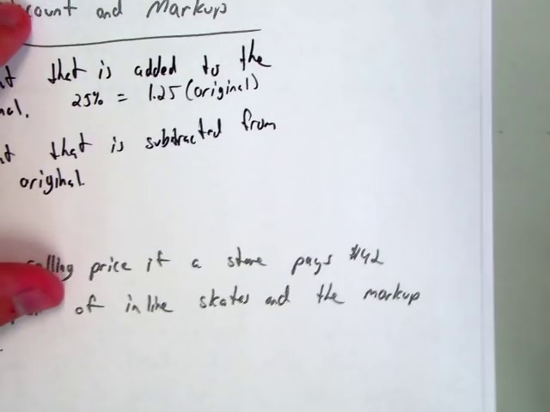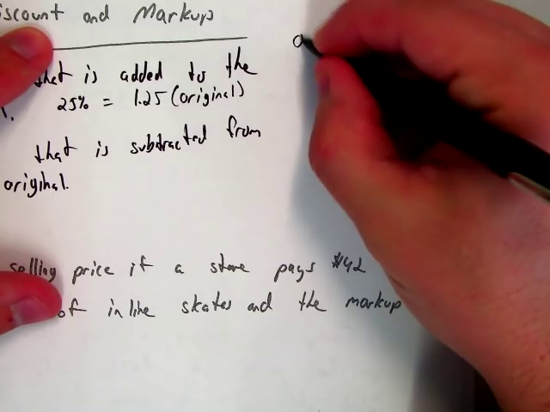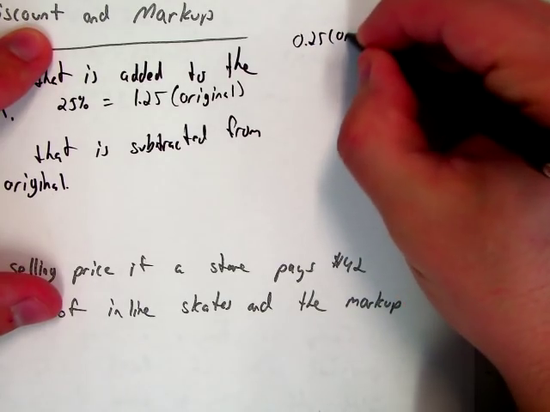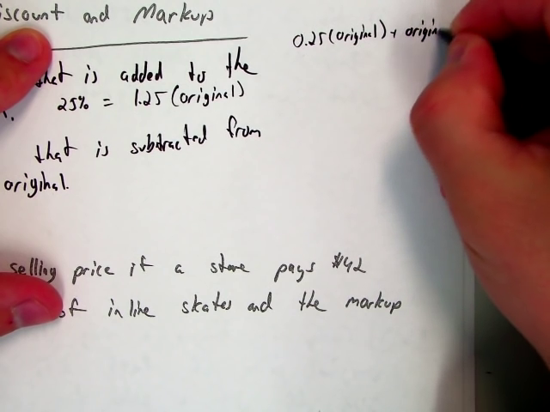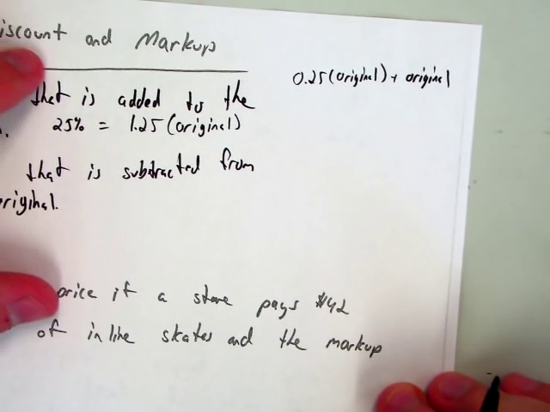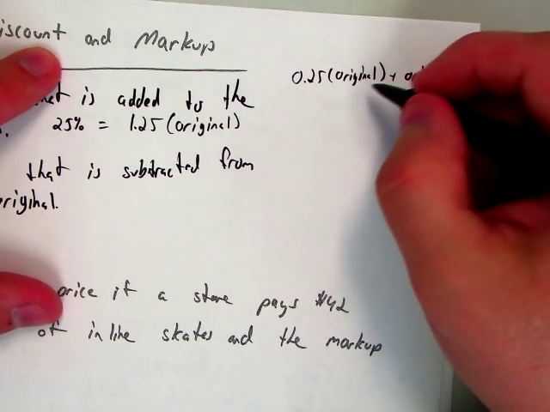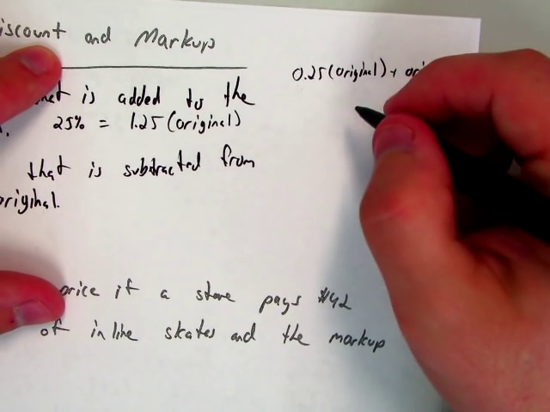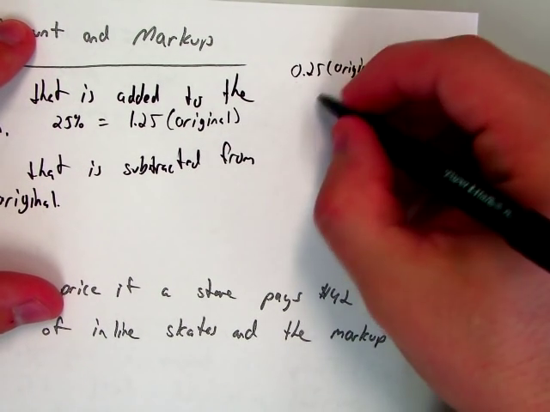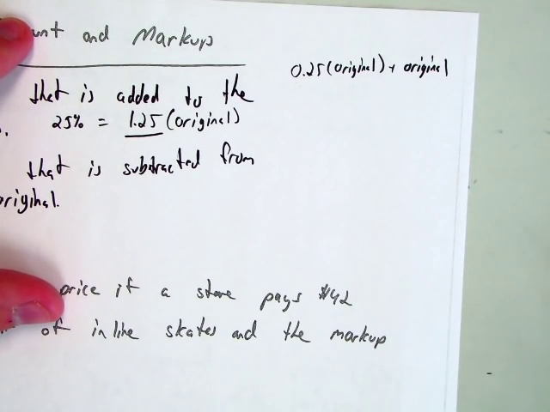Because if you look at it in actuality, if you find the markup of the original, it'd be 0.25 times the original, and then you add the original back in. This is 1 times the original plus 0.25 times the original. So I can factor that, or kind of undo the distributive property, and get 0.25 plus 1, which would get you the 1.25 times the original.